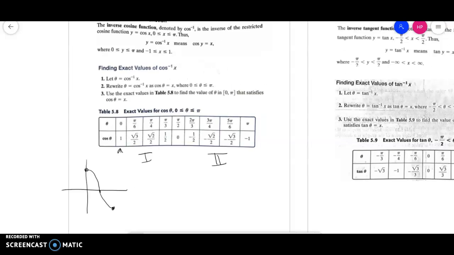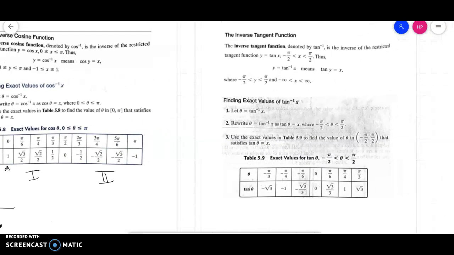Now, tangent is a little different because it was shorter anyways. We had a period of just pi instead, and it also didn't reach the max or min that sine and cosine did. And so whenever I look at the inverse now, I see these infinities here for all of those values of x. And then these are not directly on our unit circle.